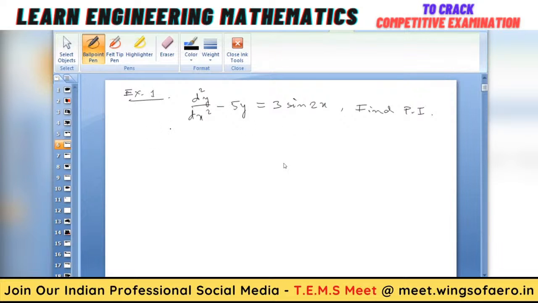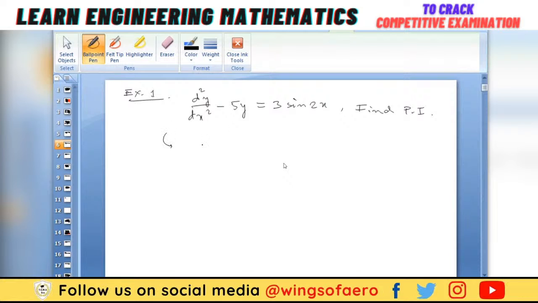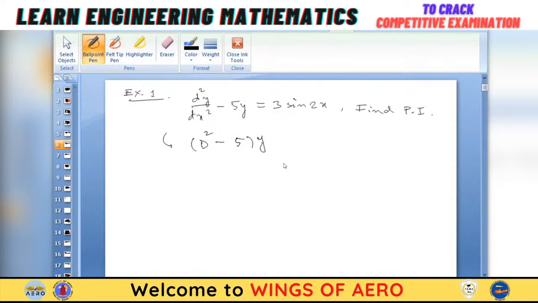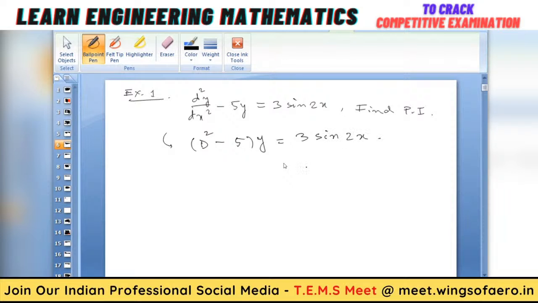Okay, so let's find out the answer. After converting this equation with the D function, we get (d square minus 5) of y is equal to 3 sin 2x.